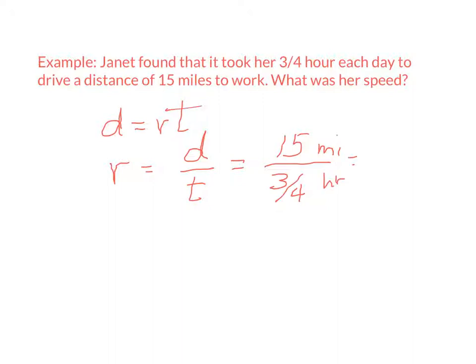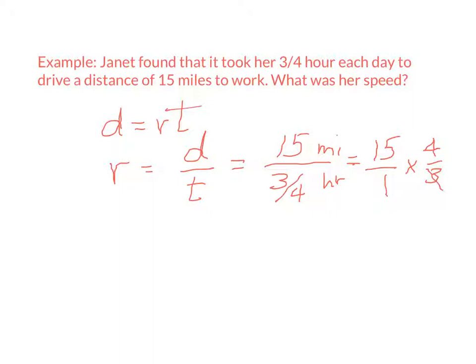Well, if you remember the rule for division of fractions, this is simply equal to 15 over 1 divided by 3 over 4, but that's the same thing as multiplied times 4 over 3.